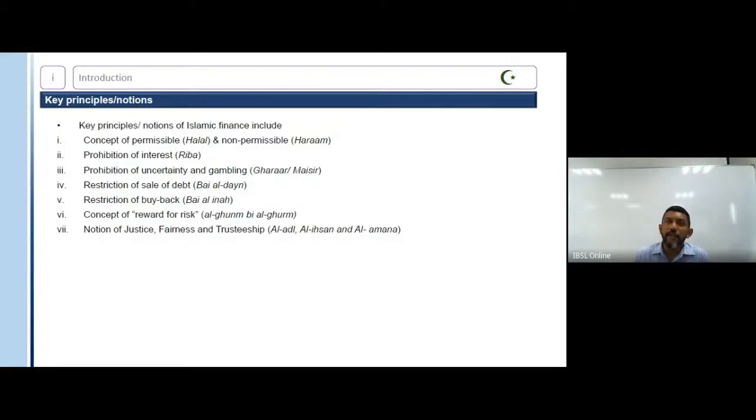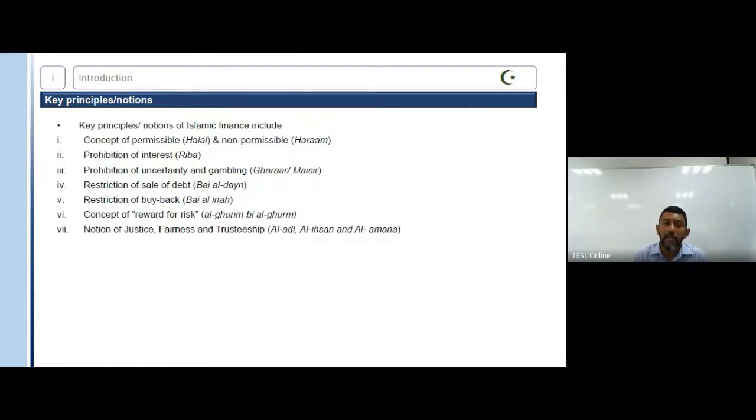So risk related to, let's say, a sale transaction, risk related to a partnership transaction, risk related to a lease transaction. So those transactions have underlying transaction related to them. And because we are taking some underlying risk in those transactions, the rewards that come is acceptable from an Islamic finance point of view, right?